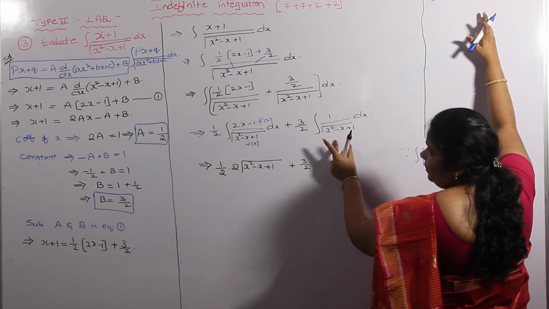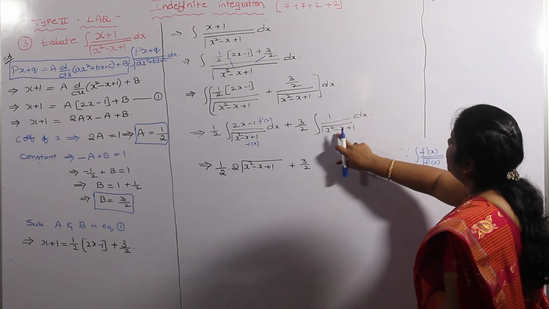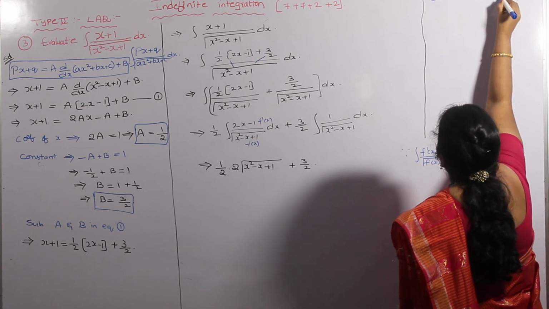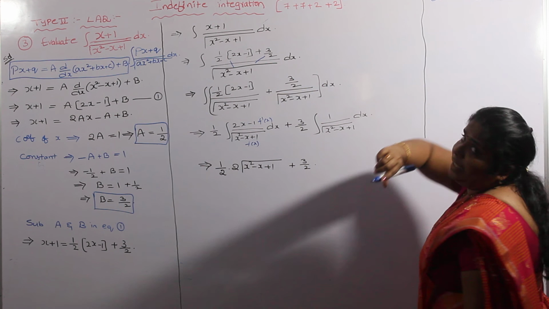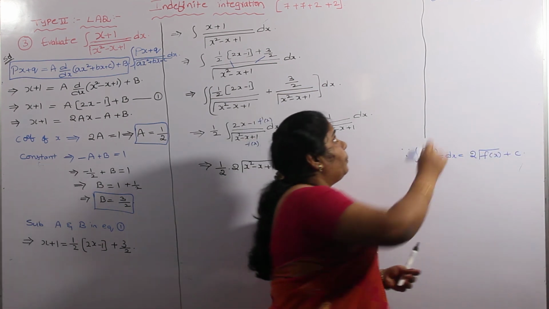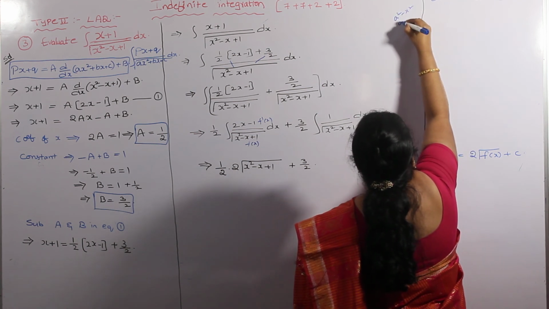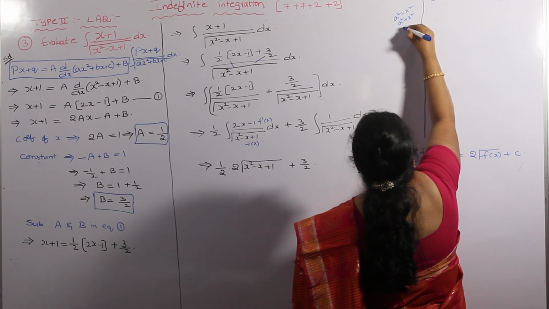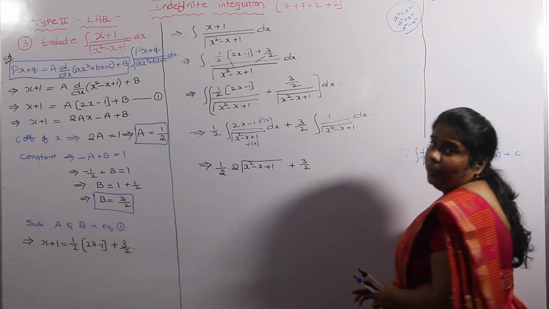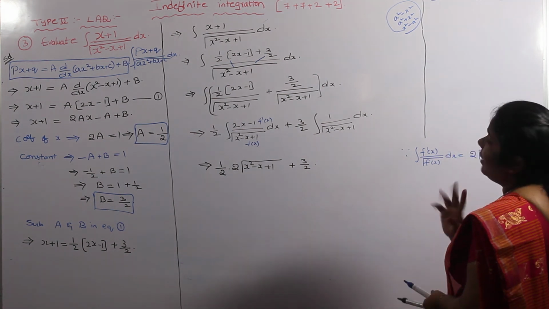Now the integration of this, first consider this root over function. Here the root over function is x square minus x plus 1. First, this is converted into a square minus x square, or a square plus x square, or x square minus a square. This is converted into these three forms. For the conversion we have the steps.